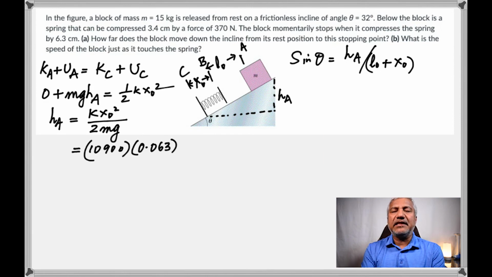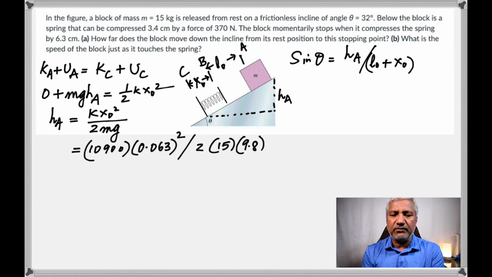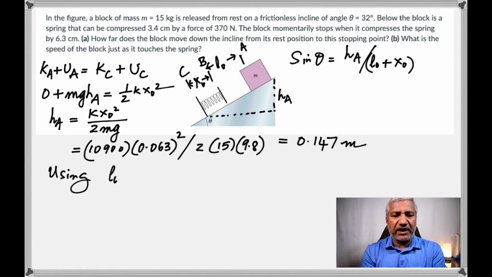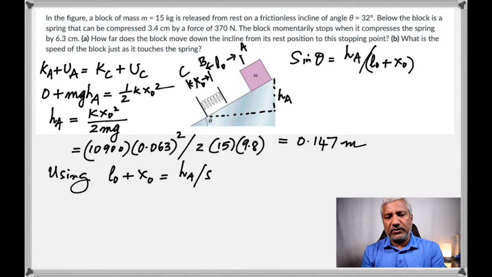Now, x0 in meter is 0.063, divided by 2 times the mass of the block, which is 15 kilogram, g is 9.8, and that calculation gives 0.147 meter. So the height of position A is 0.147 meter. Since we've got the height now, we can use the formula that we had before: L0 plus x0 is HA by sine theta.